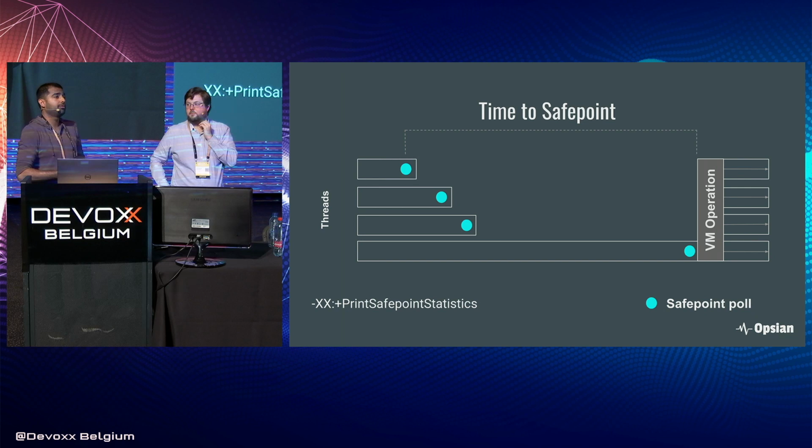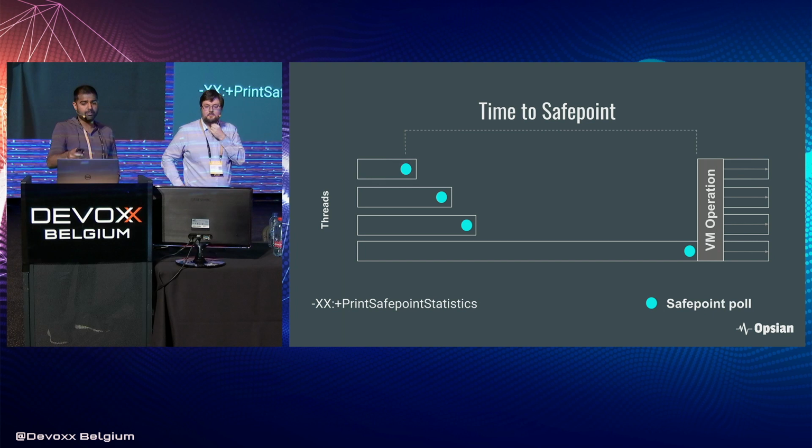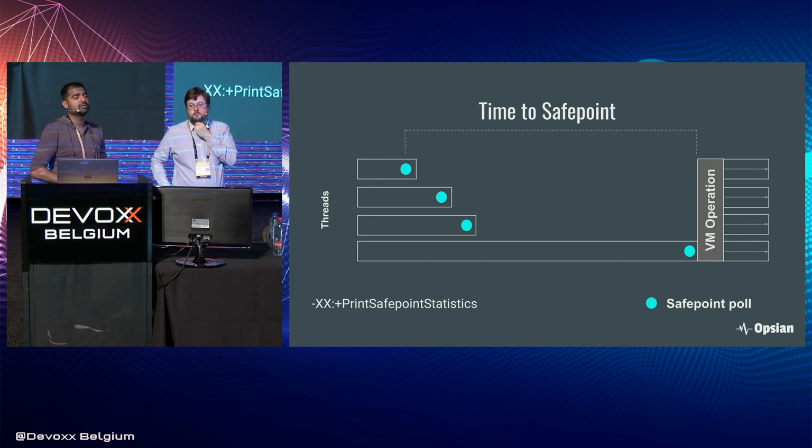But the fourth thread might have a loop that doesn't have any safe point polls in it for a while, and we have to wait until it gets to the end of the loop. And actually, that time between it doing that and the first thread stopping, that's wasted time in your system, and that's also latency that's being introduced. And interestingly, if you're interested in that kind of data, there's a JVM flag which is print safe point statistics that will tell you things like time to safe point.